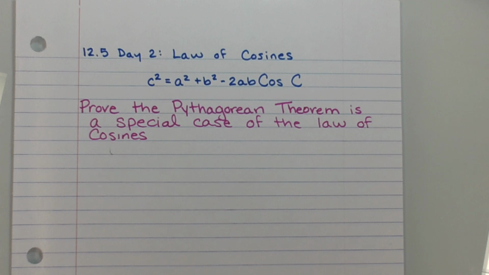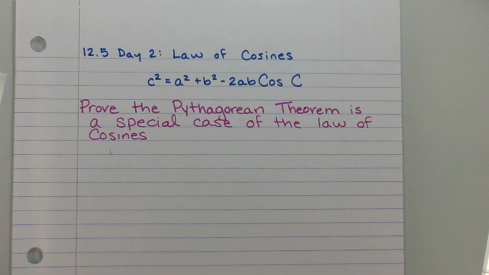They just say, prove it. And what you have to go into it with is what the requirements are to make it happen. In order to show that the Pythagorean theorem is a special case of the law of cosines, I have to work with a right triangle. So, to start these proofs, you have to tell me you're working with a right triangle.